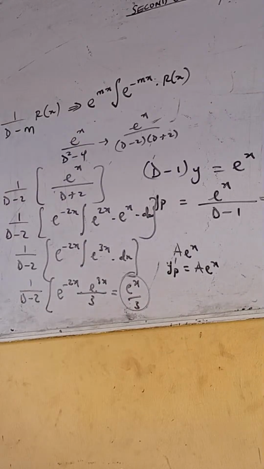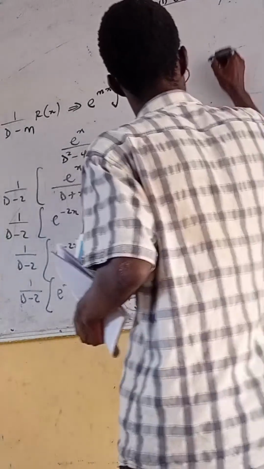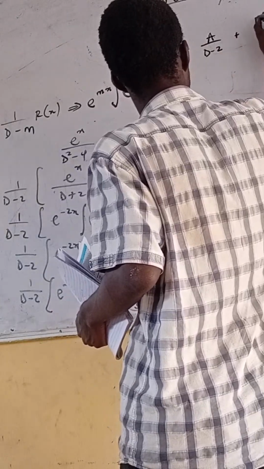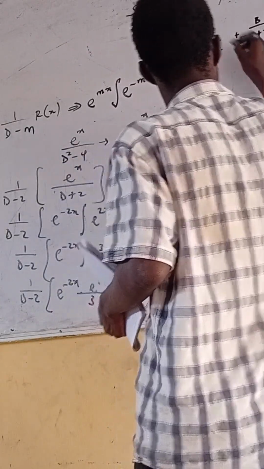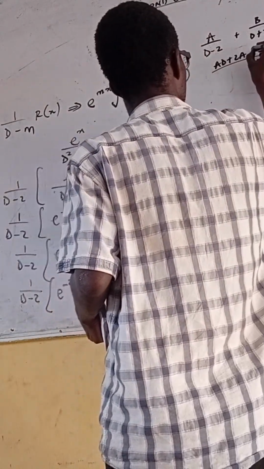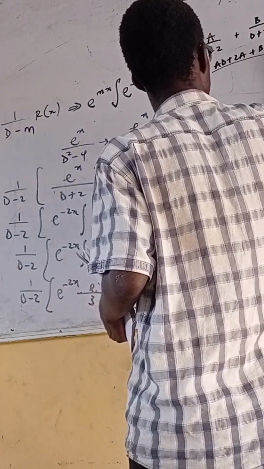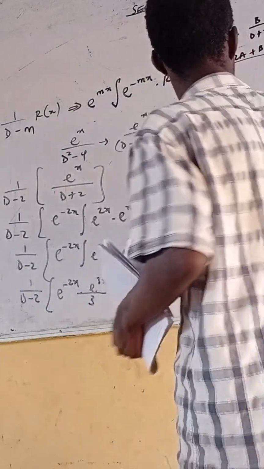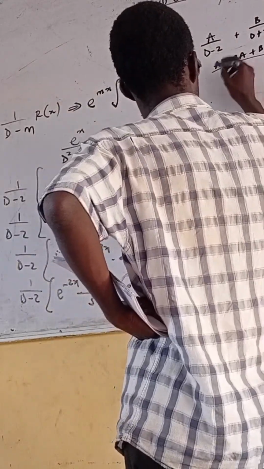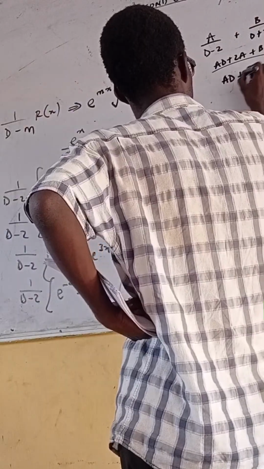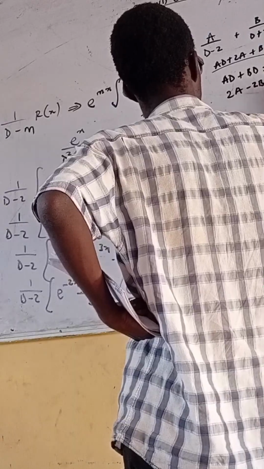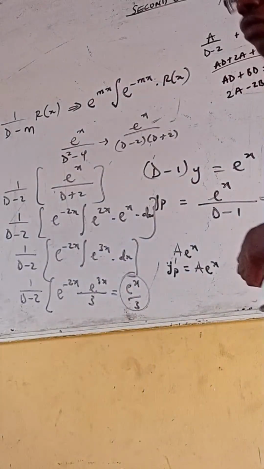Yes. So we have A over D minus 2 plus B over D plus 2. So this is now AD plus 2A plus BD minus 2B must give us 1. So all the functions of D are 0: AD plus BD equals 0, and 2A minus 2B equals 1.